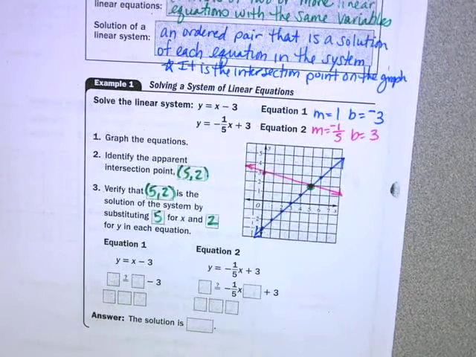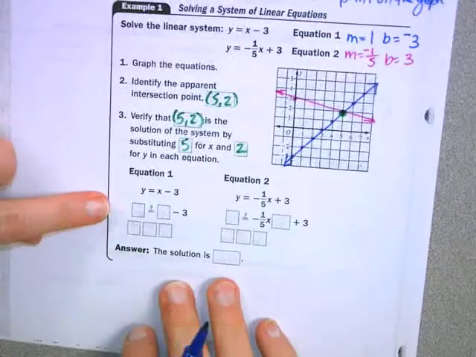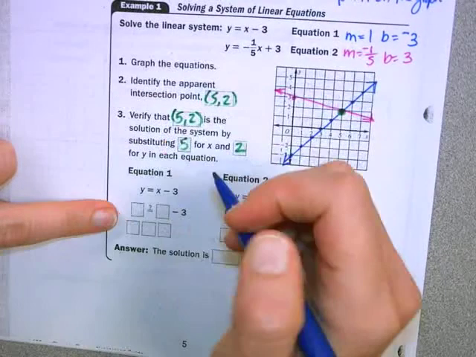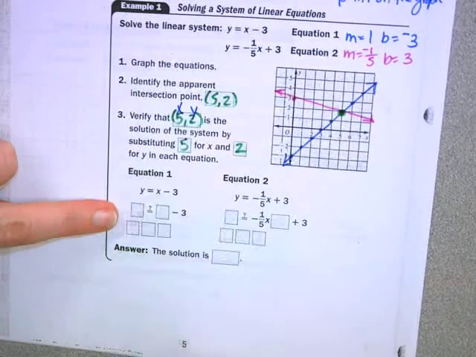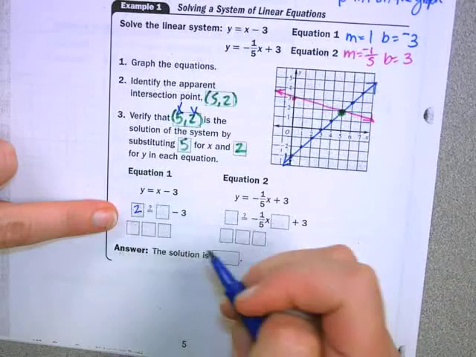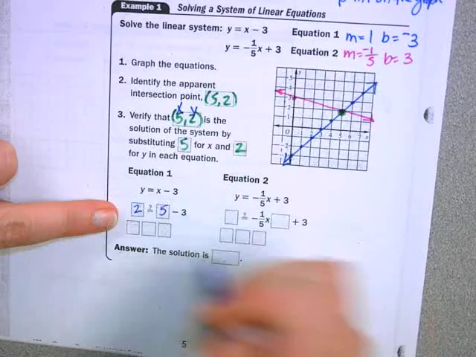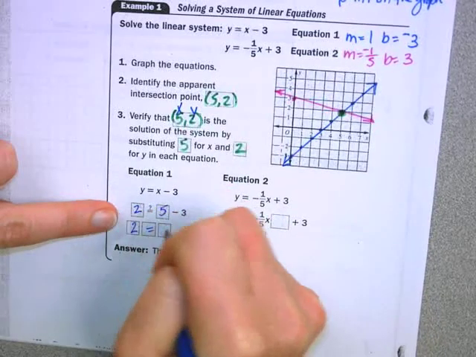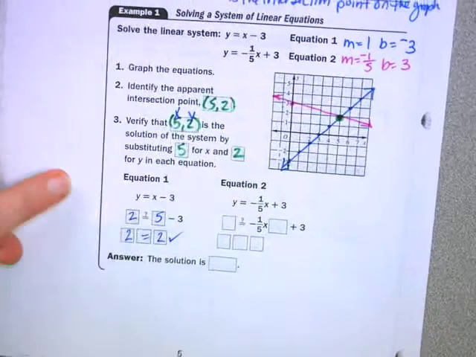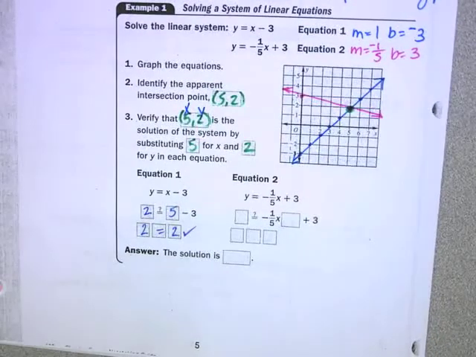Okay, so the very first equation was in blue, so I'm going to do that check right here. So 5, 2, x, y, right? So 2 equals, question mark, 5 minus 3. 2 equals, 5 minus 3 is 2, checks. What about in the pink line? Let's check that one.